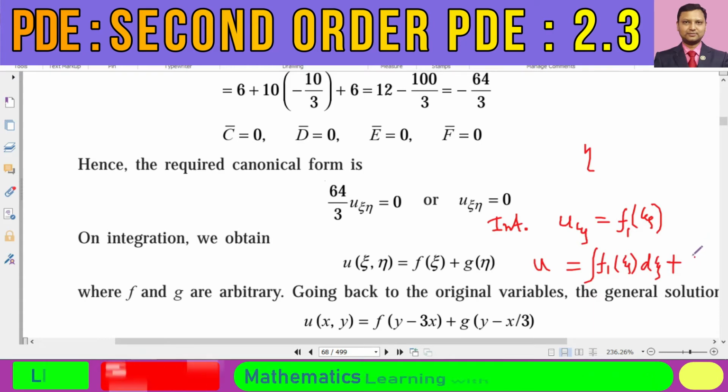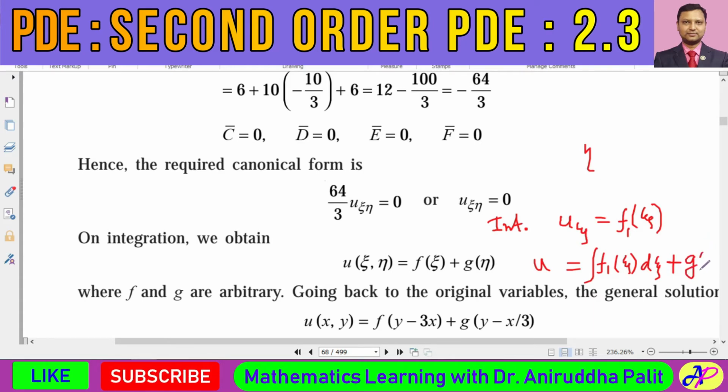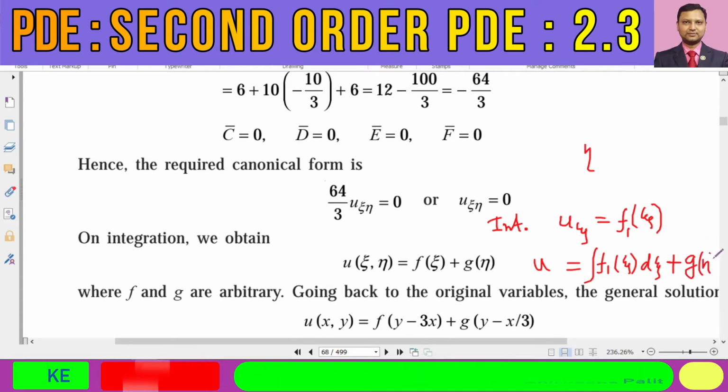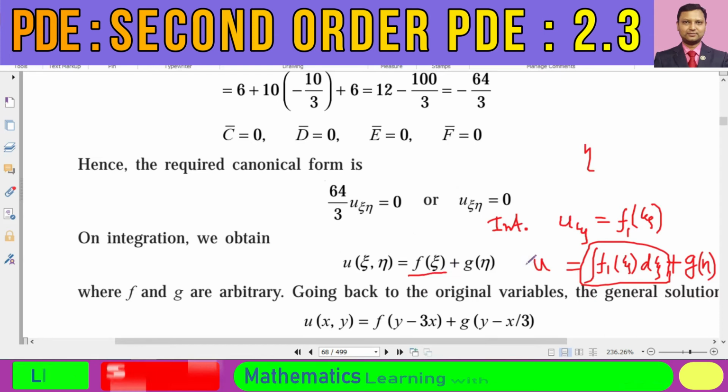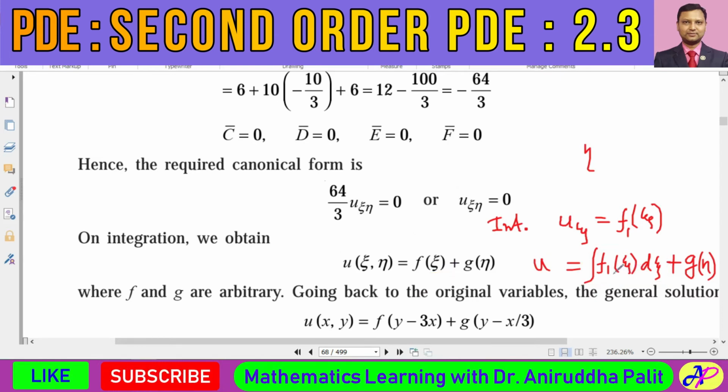It may depend upon eta, so let's write it as g of eta, and this integral of f1 has been written as f of xi. That would also be a function of xi. Got it?